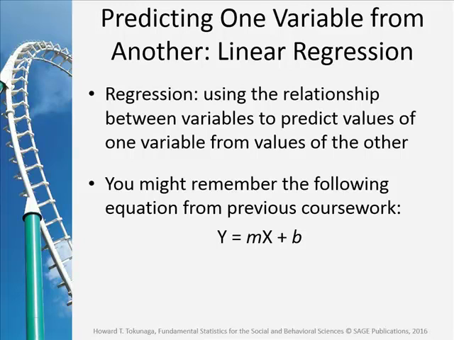So when you were doing your 6th grade geometry and learning about lines on a chart, you were given this equation. Y equals mx plus b. Do you remember what m was?